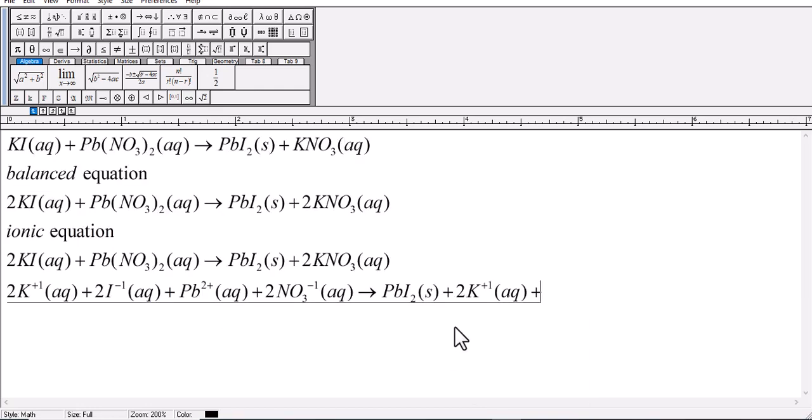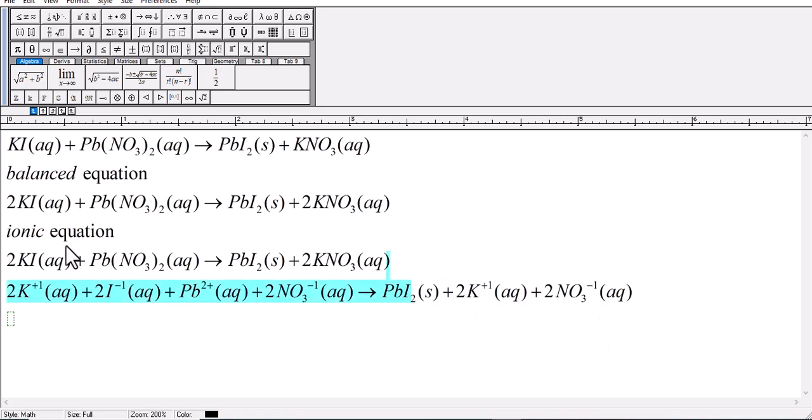Plus, and I have 2NO3 minus. Very, very important. Don't forget 2NO3. So I might as well just copy this and paste. And we are very much fine.